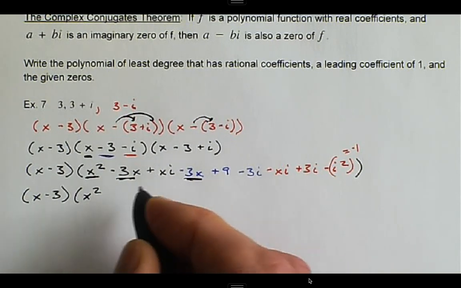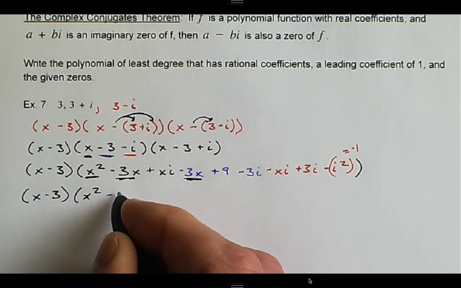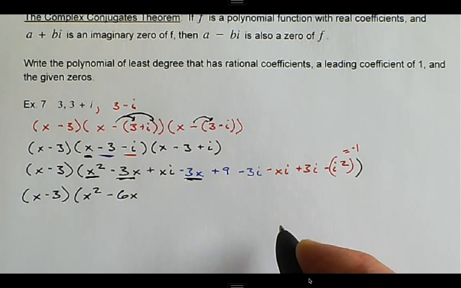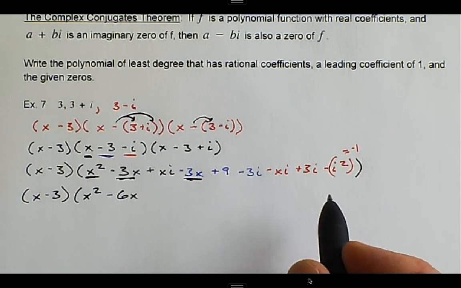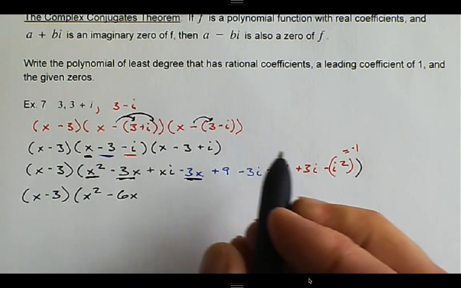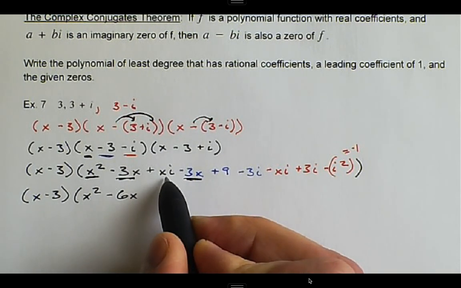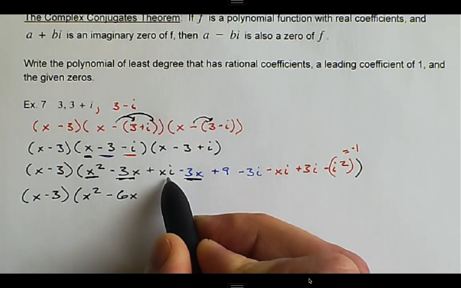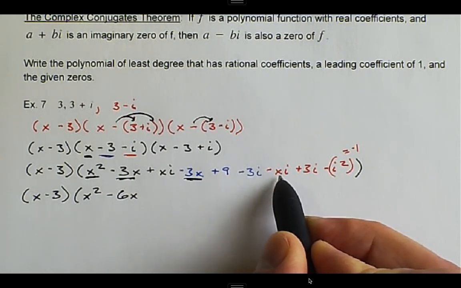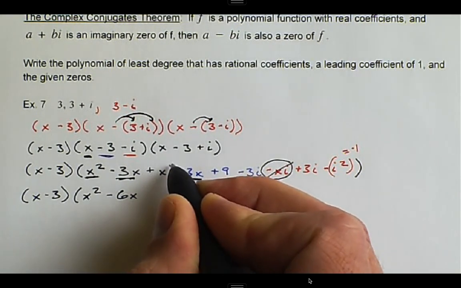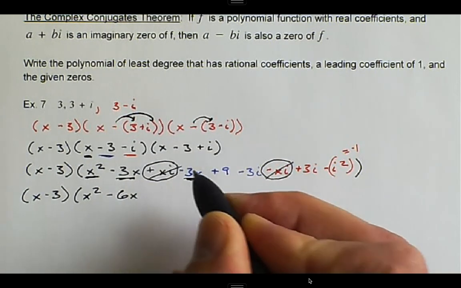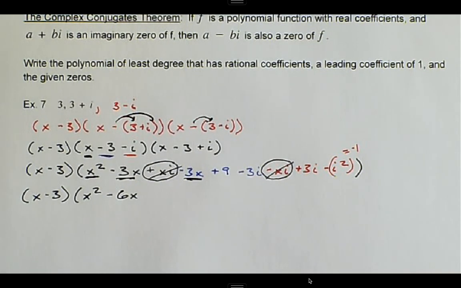So negative 3 and negative 3 becomes negative 6x. And the next thing we come to is a positive xi. We have a negative xi term here, so this negative xi cancels out our positive xi, and we don't have to do anything with that.